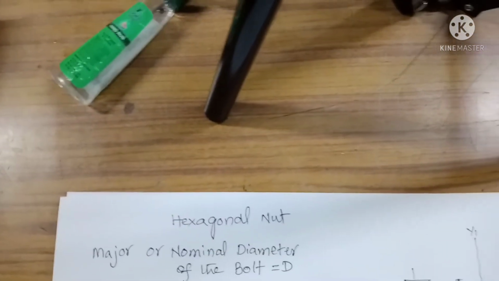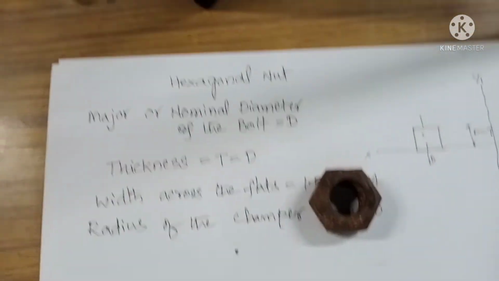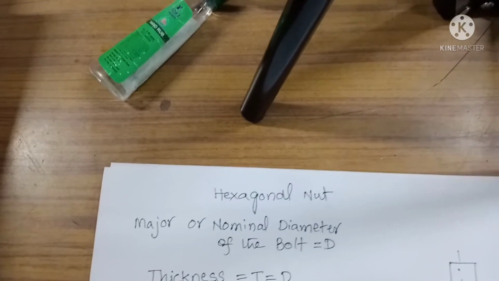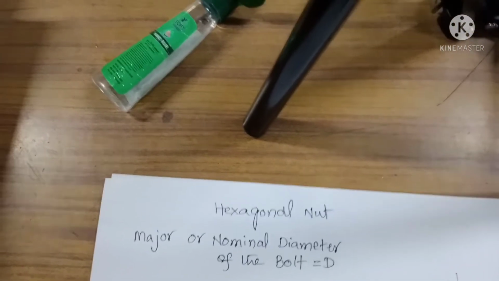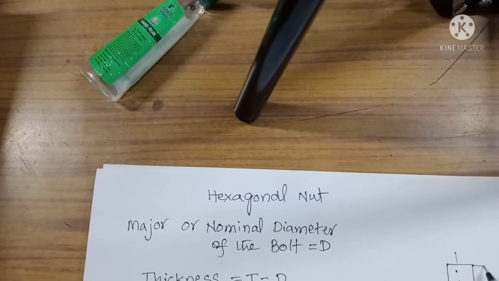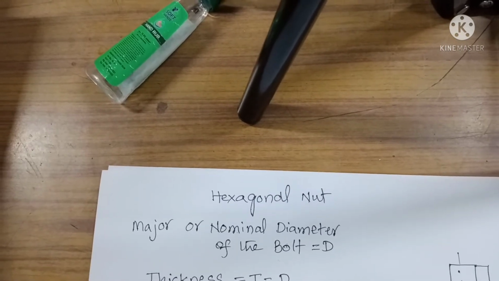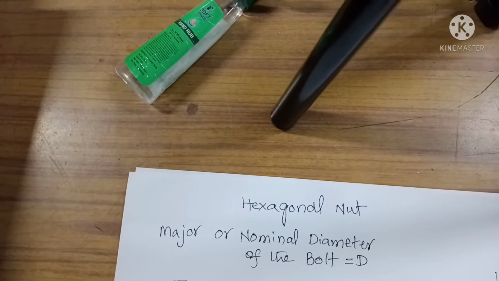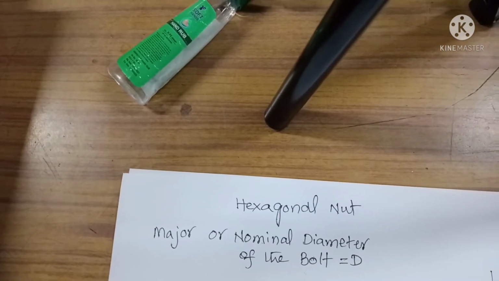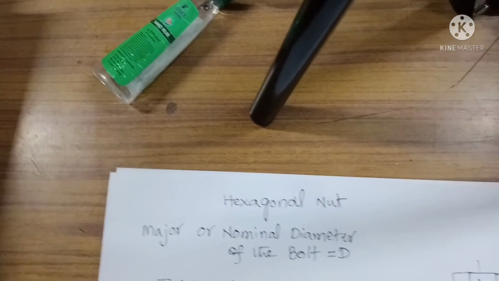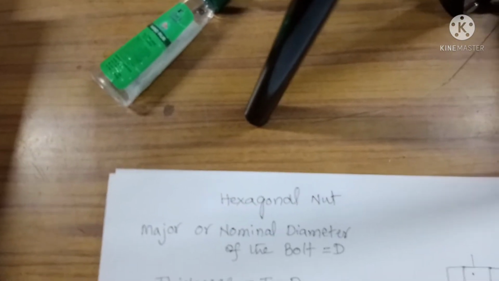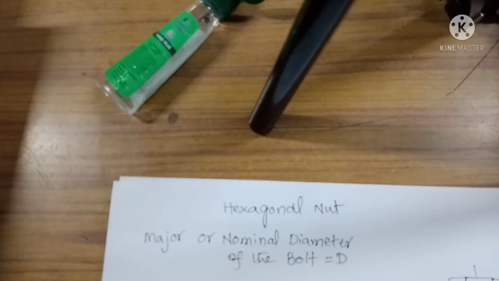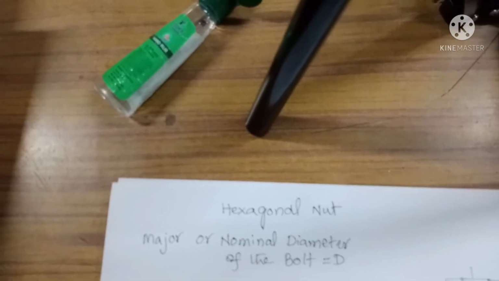Then the extension, if you see this portion, it is D by 2. We are taking 30 here, and here also we are taking 30. Then the extension is D by 2 that we have to take here. It is D by 2, here also it is D by 2. Right? That is 15. So it is 30. Then you extend it, and identify the place where we are comfortable.